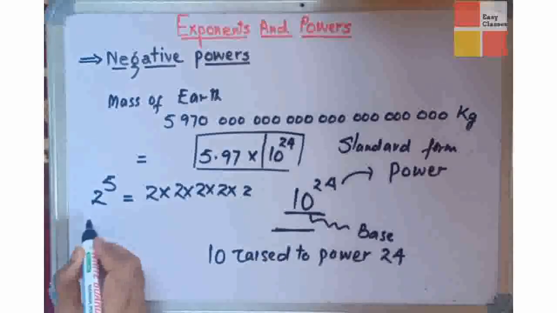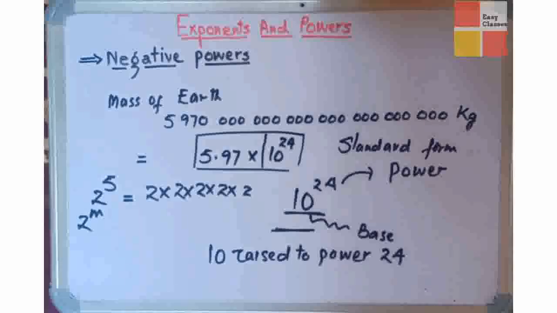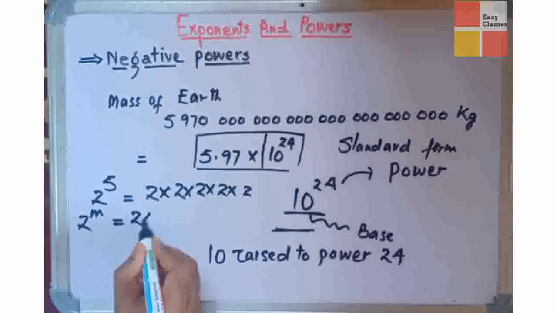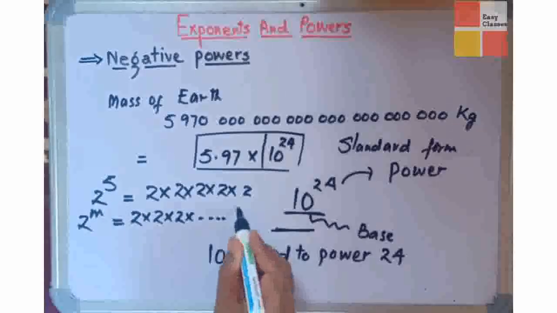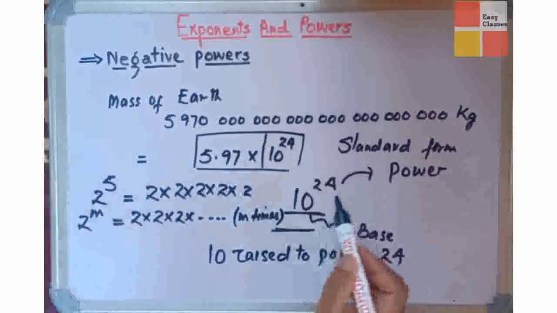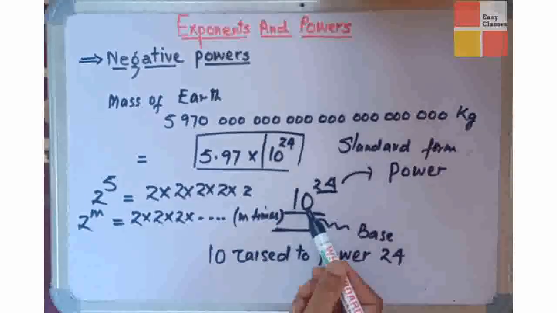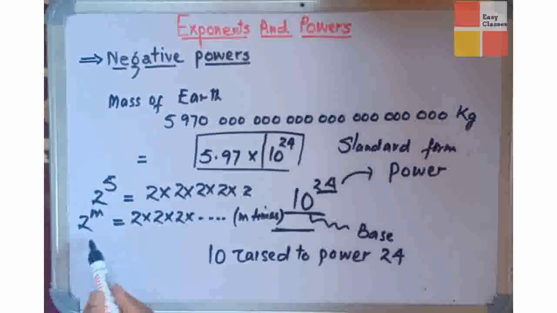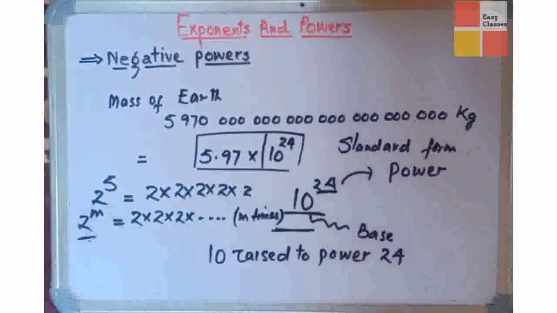Similarly 2 raised to power m, where m is any integer, means m times 2: 2 into 2 into 2 into dash dash dash m times. So 10 raised to 24 means 10 is 24 times, 2 raised to 5 means 2 is 5 times, and 2 raised to power m means 2 is m times.